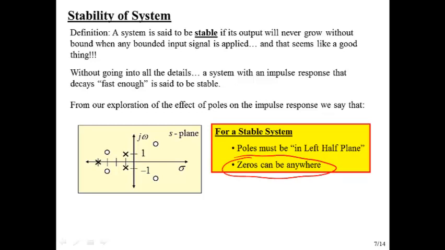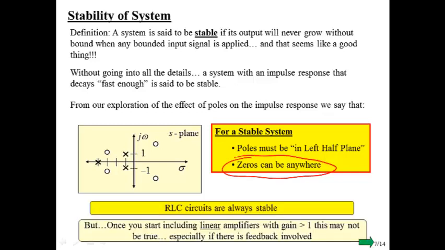Now, don't get confused. For discrete time and continuous time, you have to keep track of which one is inside the unit circle and which one is in the left half side of the plane in order for us to have stability. So keep your eye on that. Now, as a passing comment, if you've got a circuit and all it has in it is R's, L's, and C's, with no transistors, no op amps, nothing like that, then the circuit will always be stable.